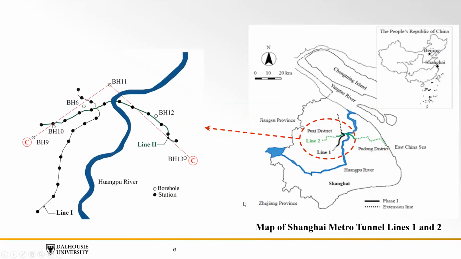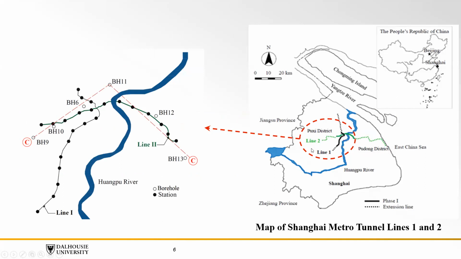So this is the map of Shanghai here. This is line 1, and the green one here is line 2, which we considered in our analysis. After they excavated their line 1, they went into line 2.